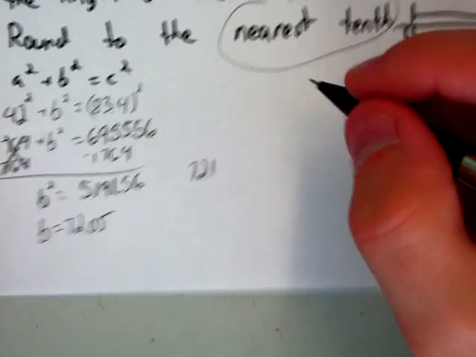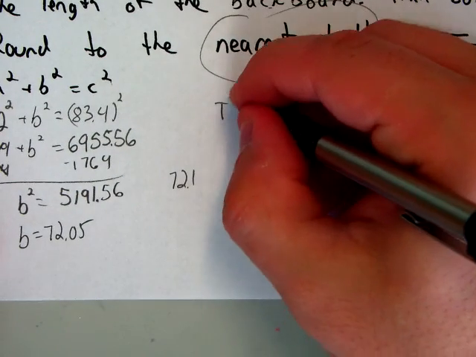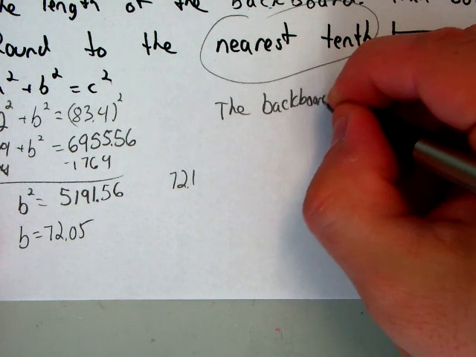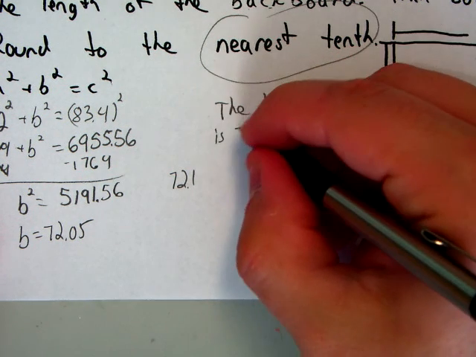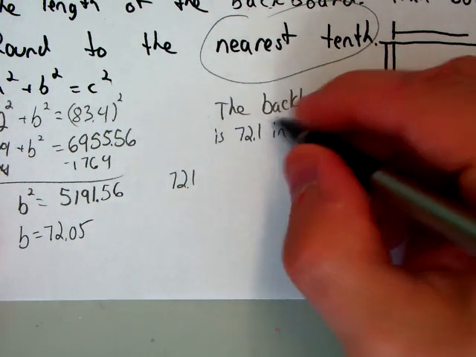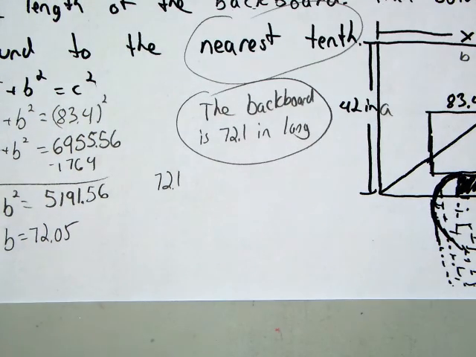Of course, each number in a word problem has a meaning, so the backboard is 72.1 inches long.